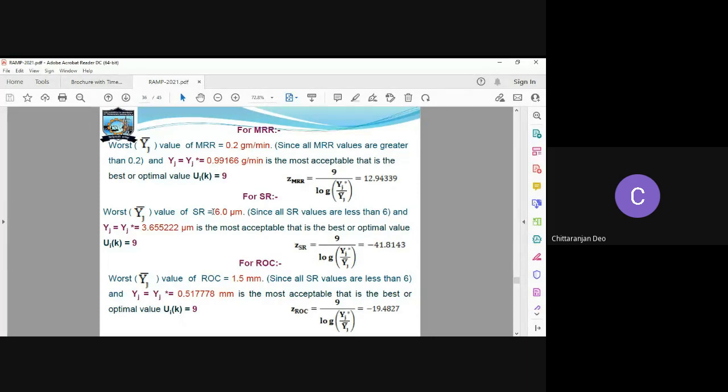In that case, the higher surface roughness value, 6 micrometer, we have taken as the worst. Similarly, radius of overcut, the third response that we have taken here, is also not desirable, so the worst value we have taken is a radius of overcut of 1.5 mm, whatever we got from the experiment.